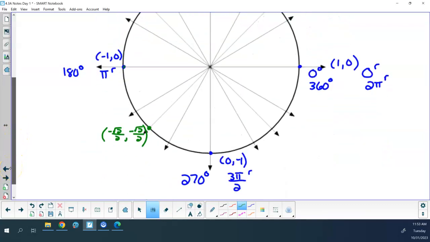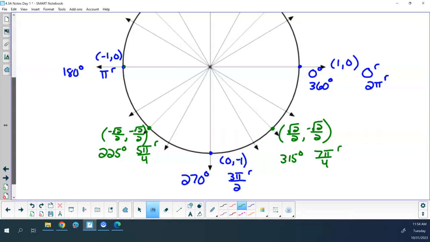So down here, it would be 225 degrees if I added 45 to that one, or 5 pi over 4 radians. 45 more puts me at 270, or 6 pi over 4, which is 3 pi over 2. 45 more puts me at 315 degrees, or 7 pi over 4 radians.